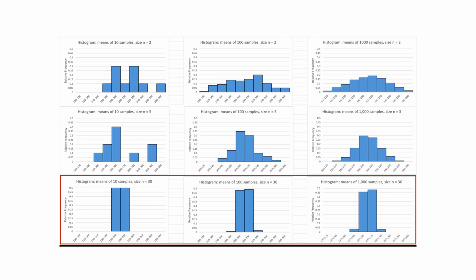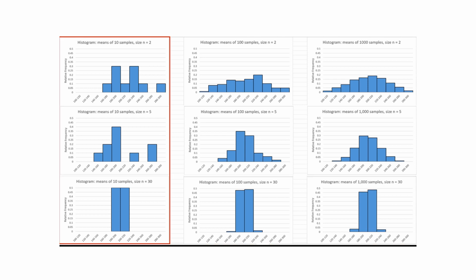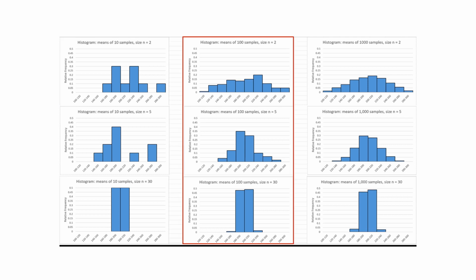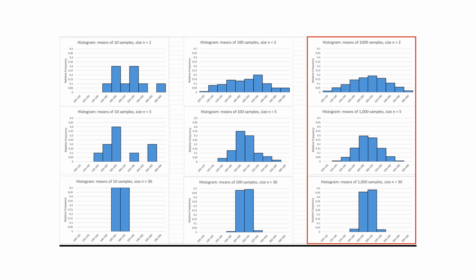Finally, the last row looks at histograms constructed from samples of size 30. If we look at this across columns instead, the first column looks at the same number of samples drawn, 10, and from top to bottom increases the sample size from n equal 2, next n equal 5 to n equal 30. Same for 100 samples and for 1000.